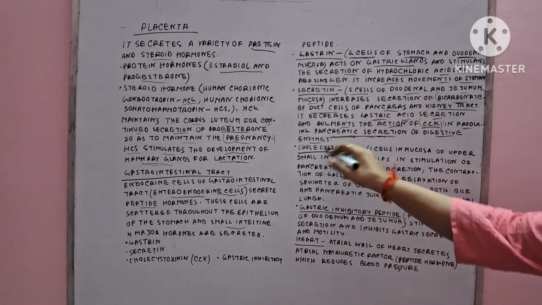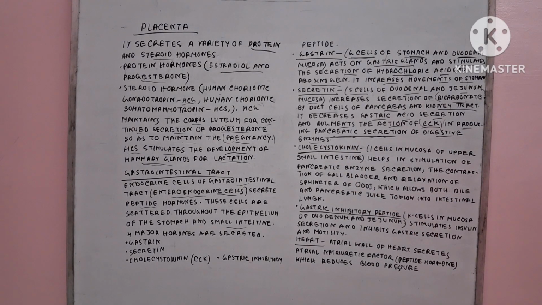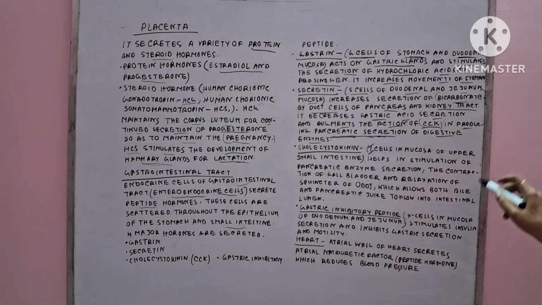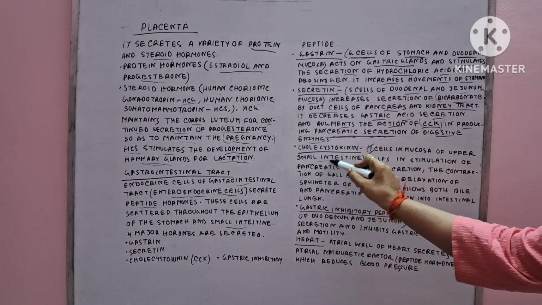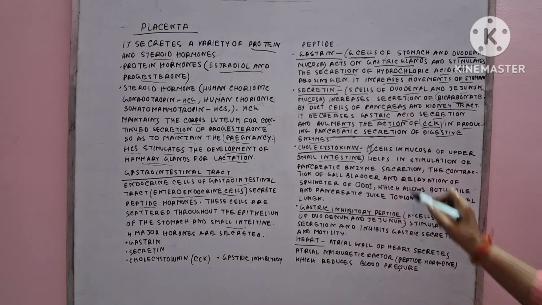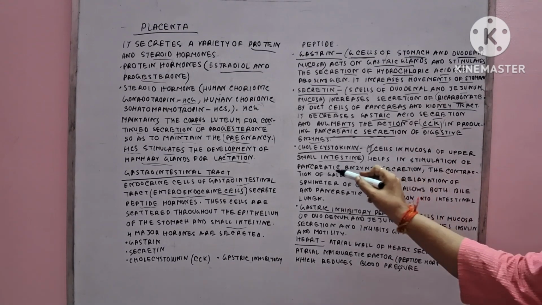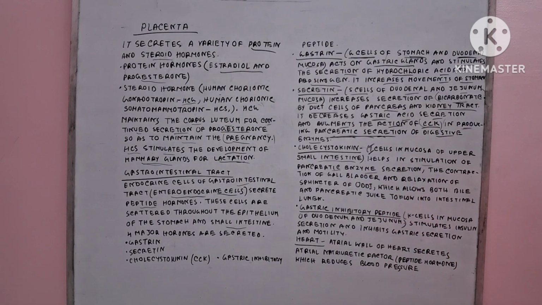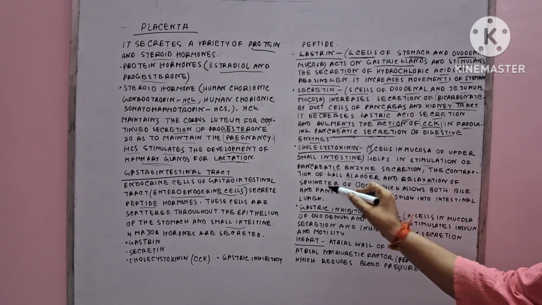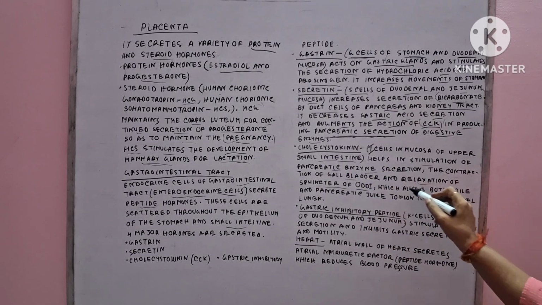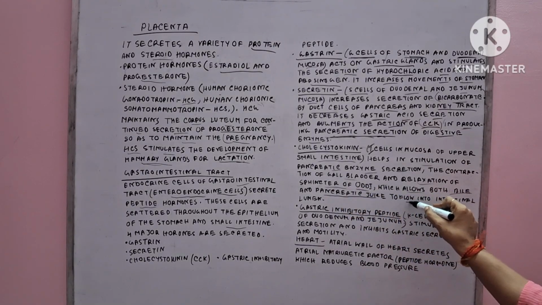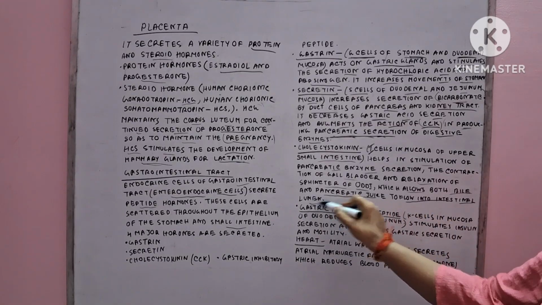Next, cholecystokinin. This is secreted from the I cells of the upper small intestine mucosa. And what is the role of this CCK? That helps in the stimulation of the pancreatic enzyme secretion, contraction of the gallbladder, and relaxation of the sphincter of Oddi, which allows both the bile and pancreatic juice to flow into the intestinal lumen.